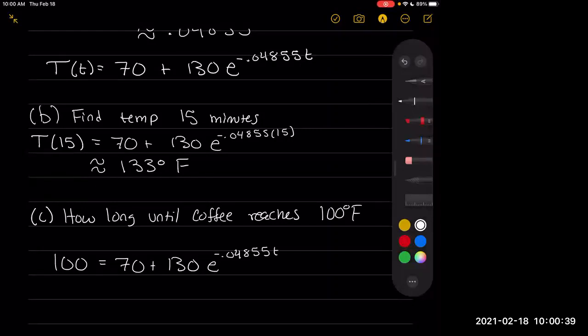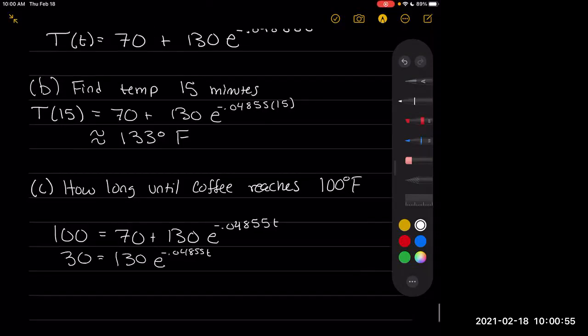First, we're going to subtract 70 from both sides. So we get 30 equals 130 e to the negative 0.04855 t. And now we're going to divide both sides by 130. So we end up with 3/13 equals e to the negative 0.04855 t.